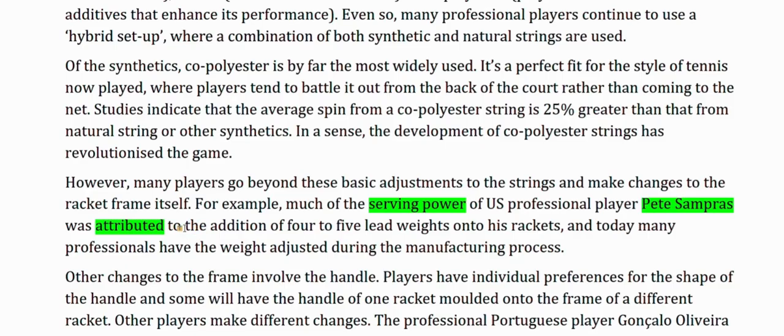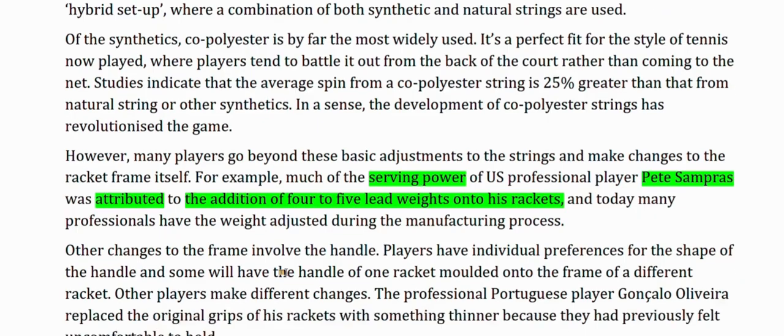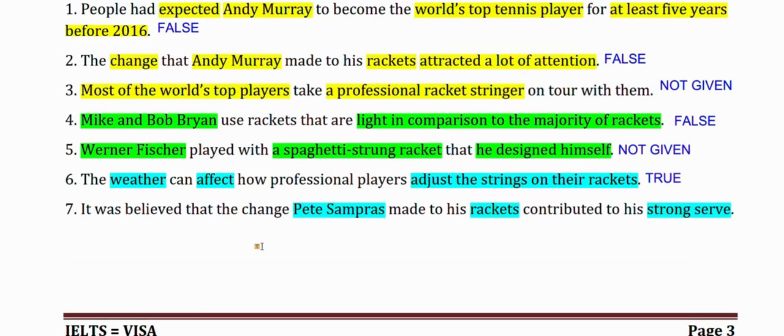So he added 4 to 5 lead weights on his racket. So that's why they attributed this particular change onto his racket to his serving power. So yes, he has made some change to his racket that contributed to his serving power, strong serve for that matter. So we will say the answer to this is true.